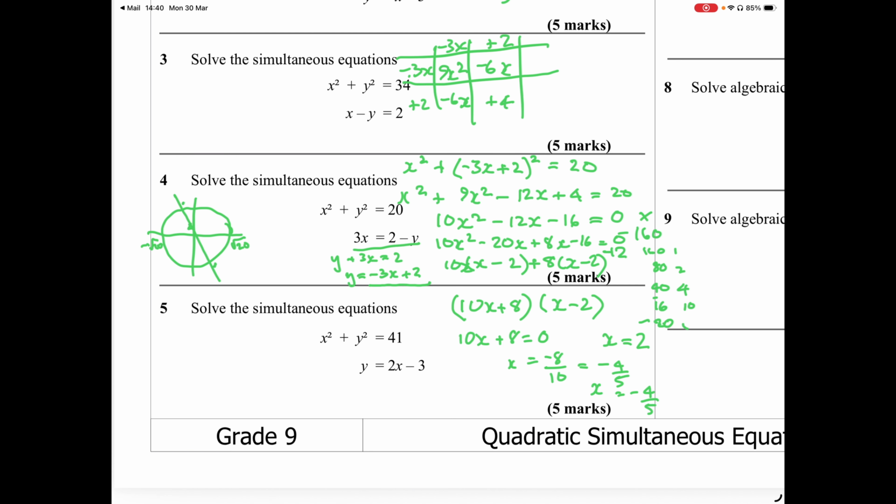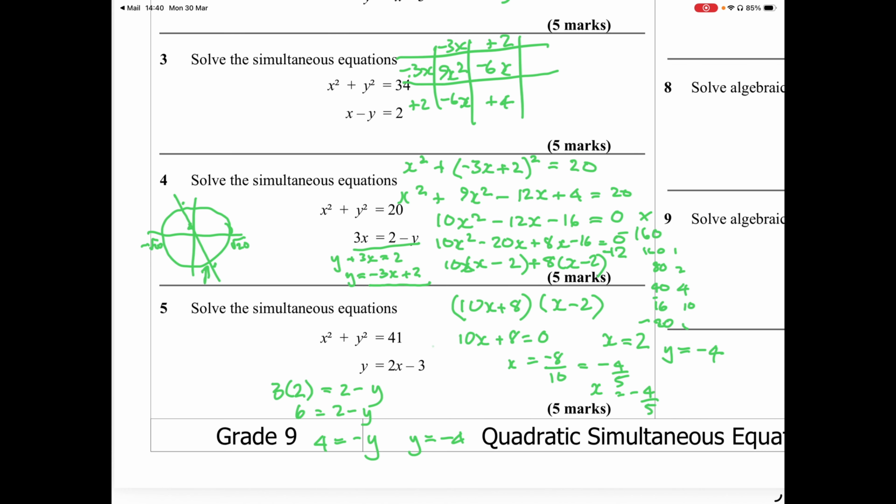And then we put those back into the easiest equation, which is this. If we say 3 times 2 equals 2 minus y, then 6 equals 2 minus y. So 4 equals minus y, so y equals minus 4. That makes sense because that would be that point there. For the other one, x is minus 4 over 5, or minus 0.8.